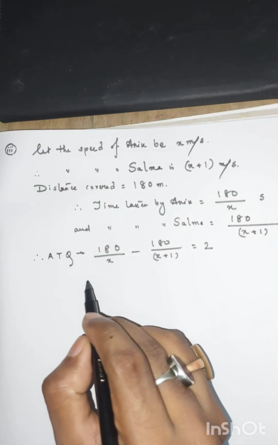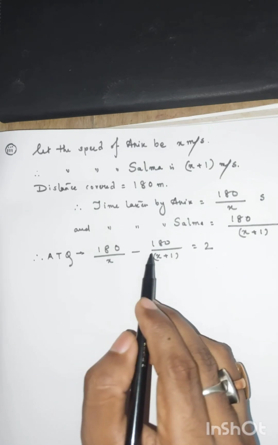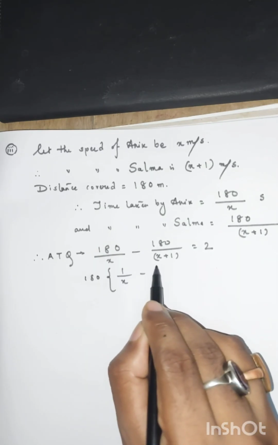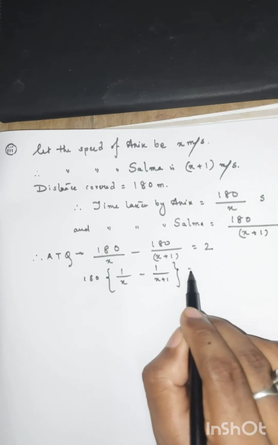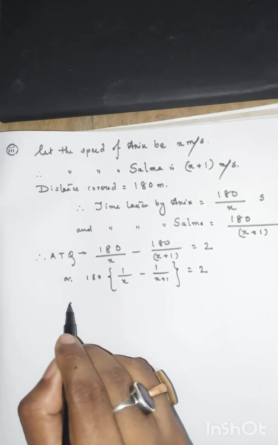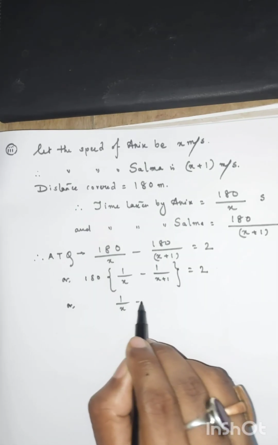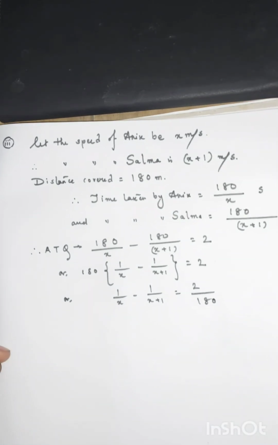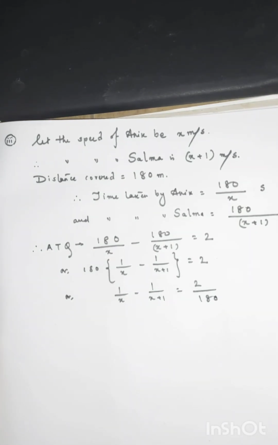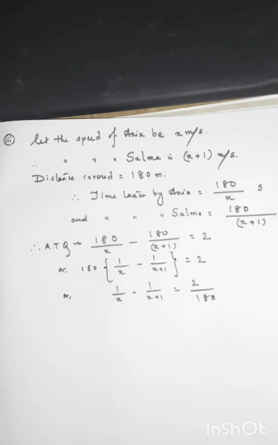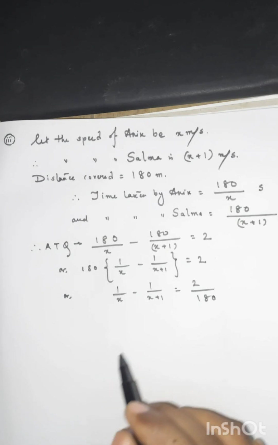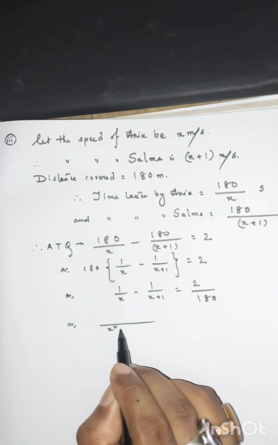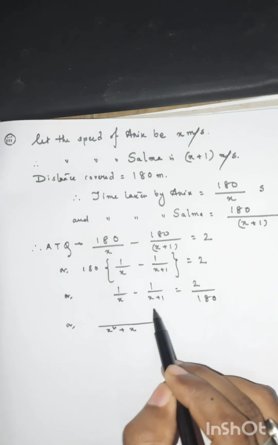Now let us take 180 common. The LCM is the product of these two quantities.